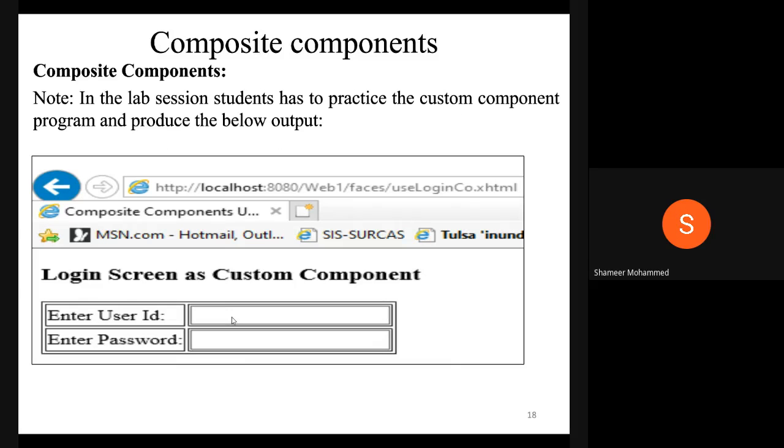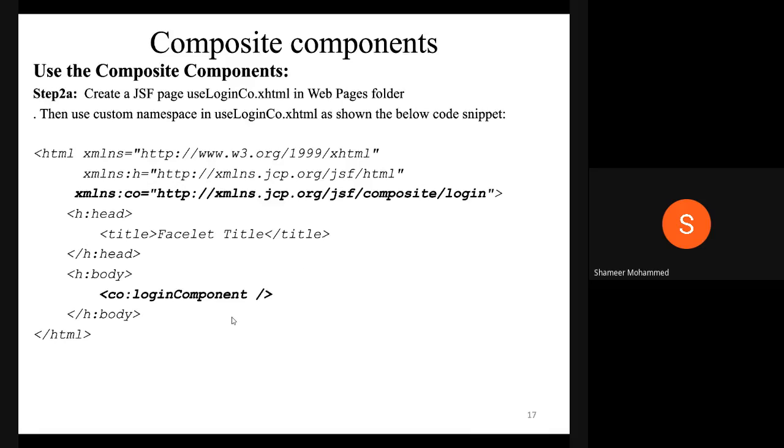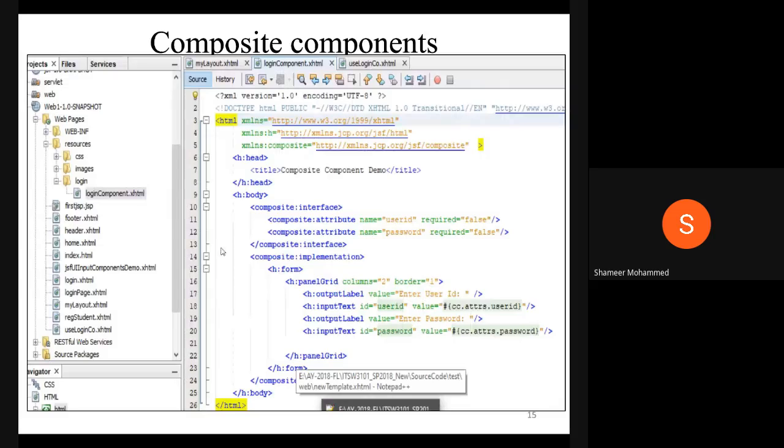I don't need to write h colon panel grid columns equal to 2, then h colon output label user ID, then h colon input text value equal to, like this. I don't need to write it. I already defined that one time in this program. See here I defined. I am naming this as a composite component.